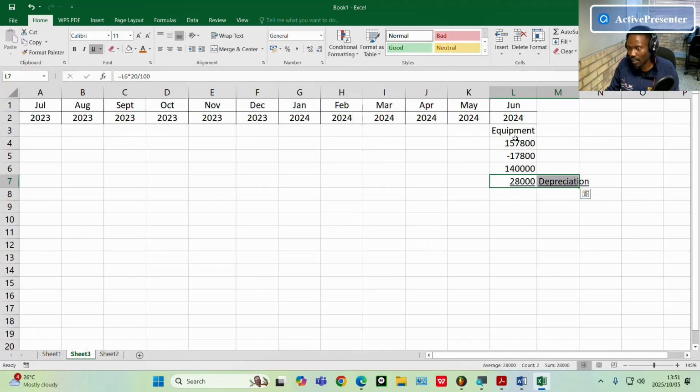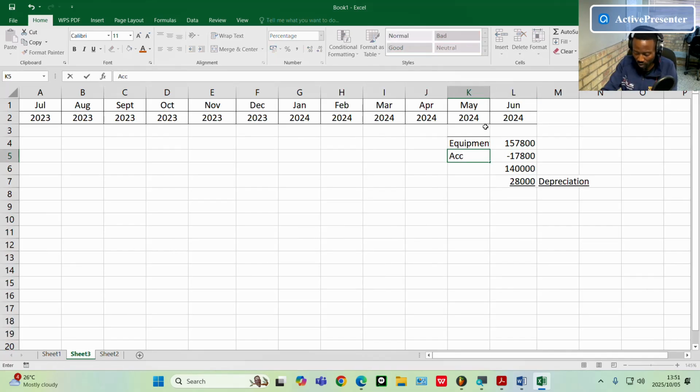Right? Of which what I did is I took equipment minus accumulated depreciation. Let me just do it like this. This is equipment, and then this is accumulated depreciation on equipment, and then it's multiplied by 20%. Yeah, so that's how I took it.